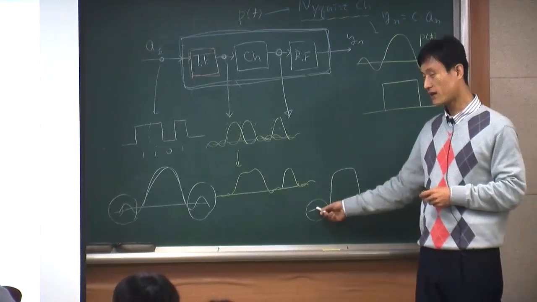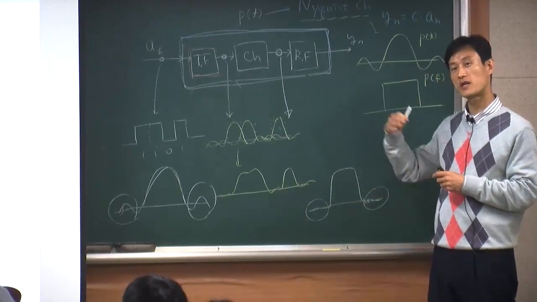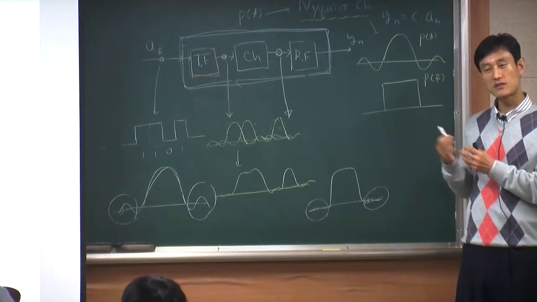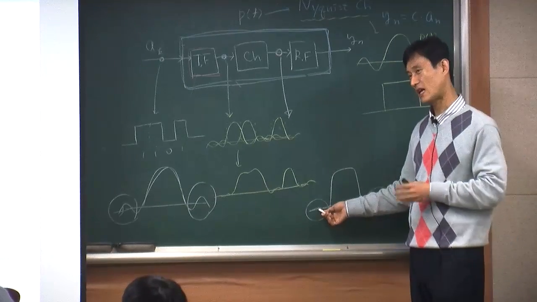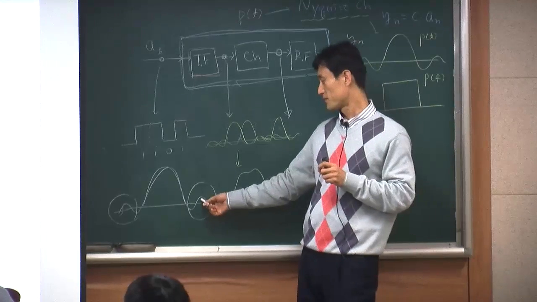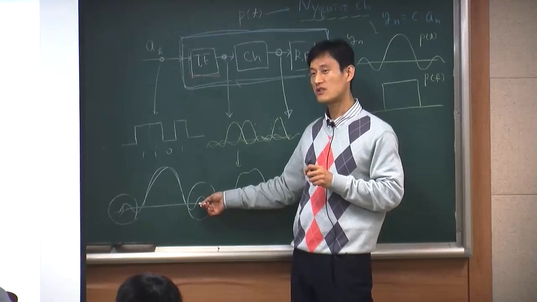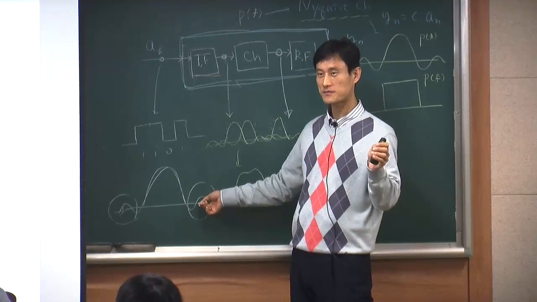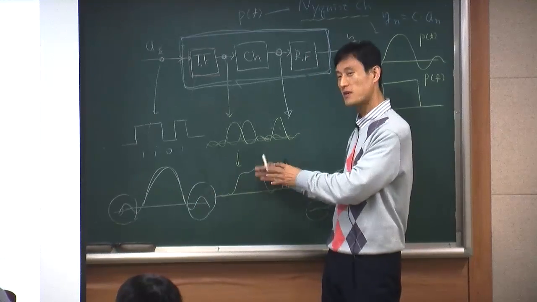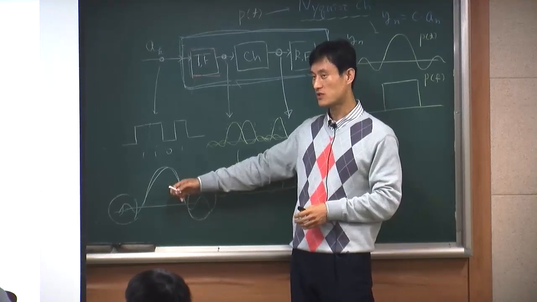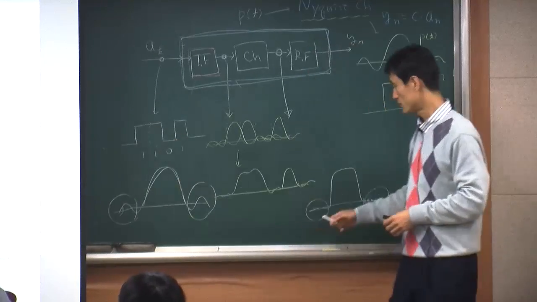Because this out-of-band will be used for someone else, right? Some other people will use this band. This is not your band, so you should not have this much energy. In that case, you are interfering with other users. So that's why we are shaping like this. Eventually, we want to change this kind of spectrum to this way.